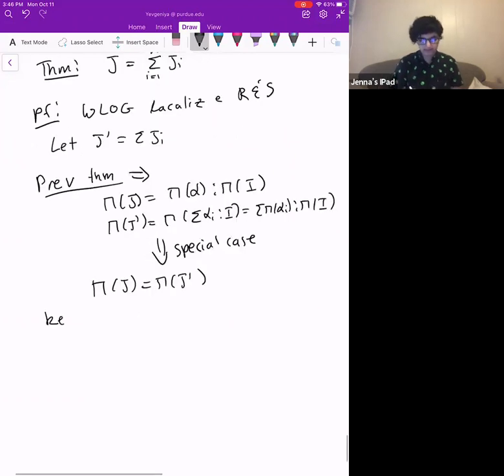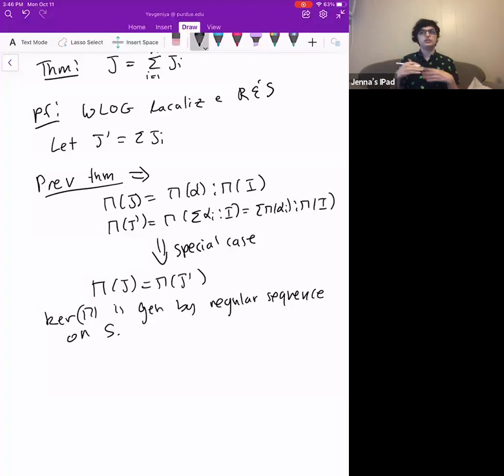So we know that the kernel of pi is generated by a regular sequence on S. And we know that because the kernel of pi is just a bunch of z's.